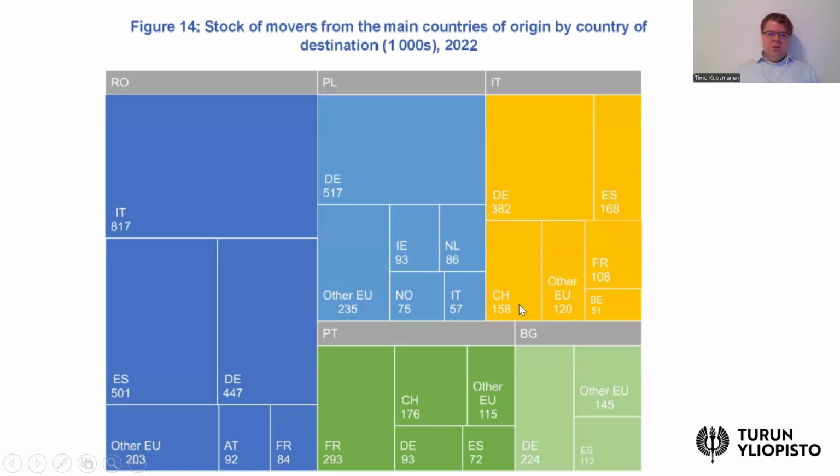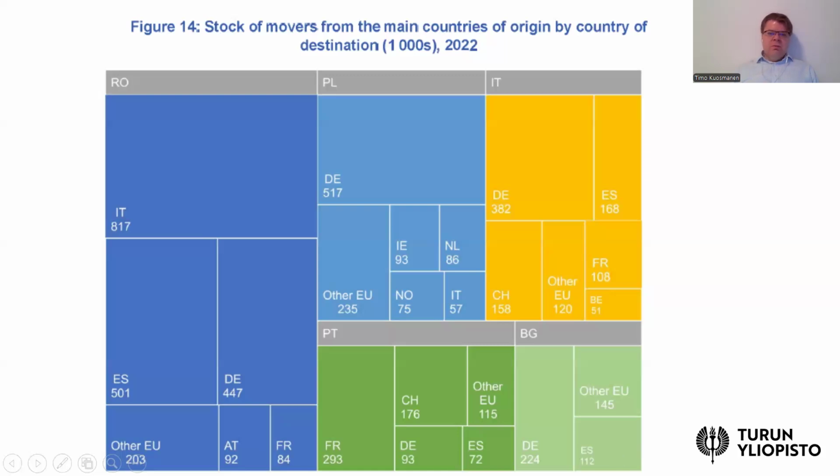So this also includes the EFTA countries, not only EU. For Portugal, it is the darker green. Portuguese migrant workers have mainly gone to France, but then there's also Switzerland, Germany, and Spain. And from Bulgaria, the biggest destinations have been Germany and Spain.